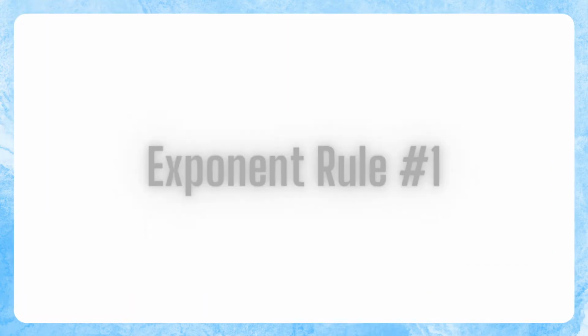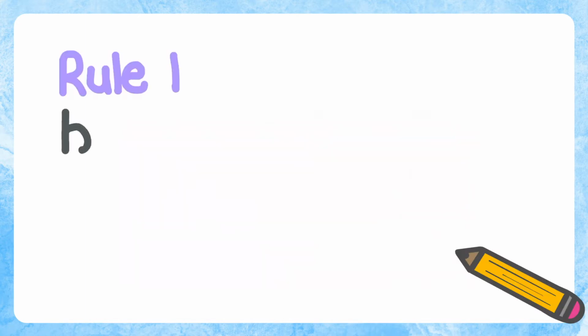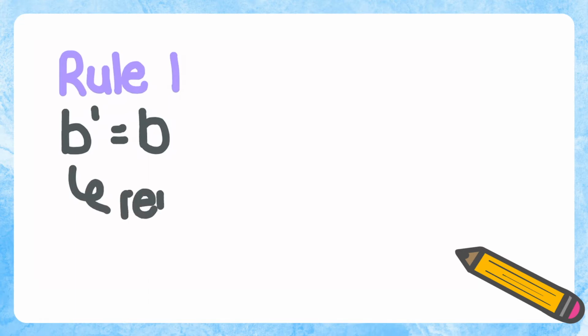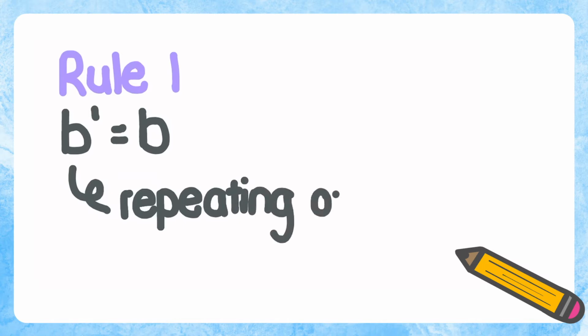Let's look at rule number 1. So our first rule is that b to the power of 1 always equals b. And that's because b is repeating only one time.